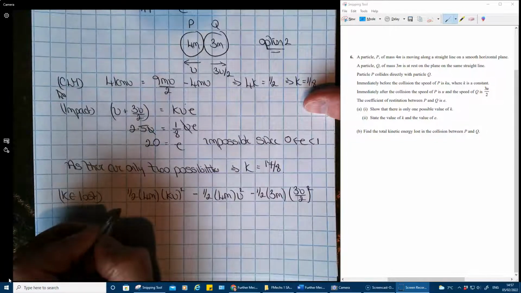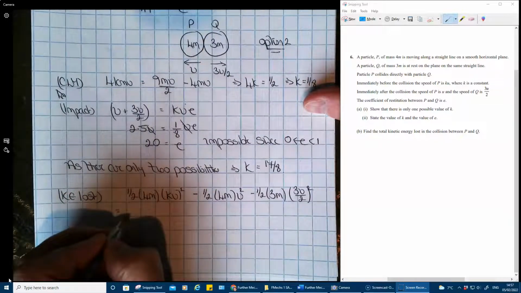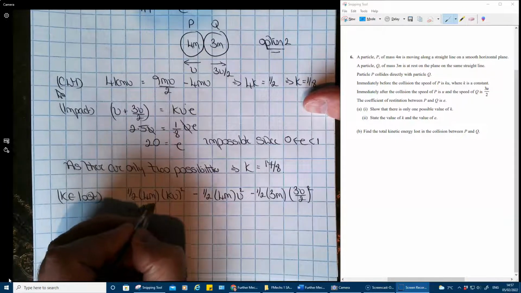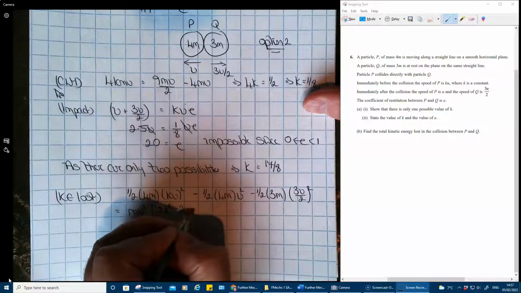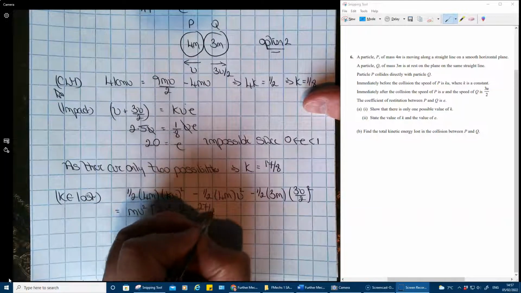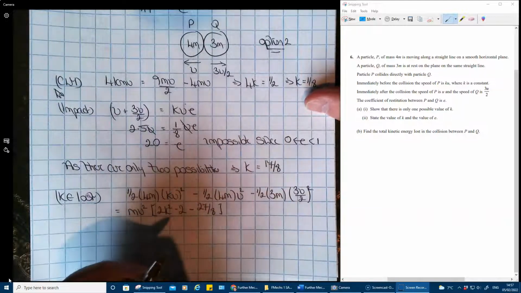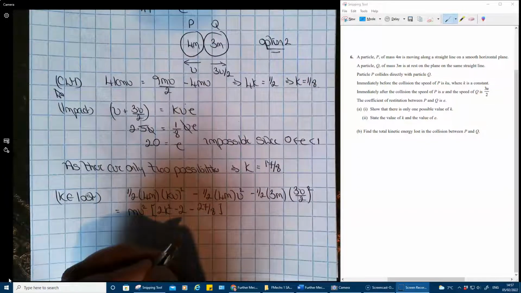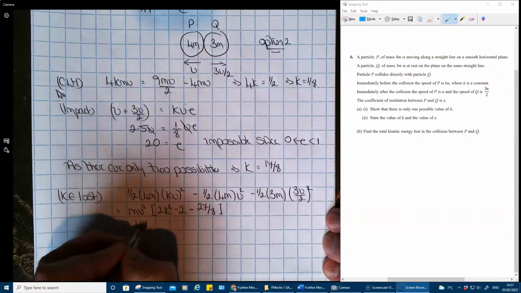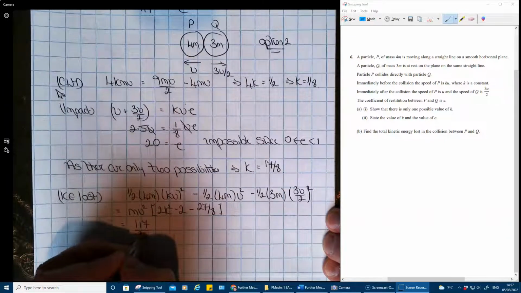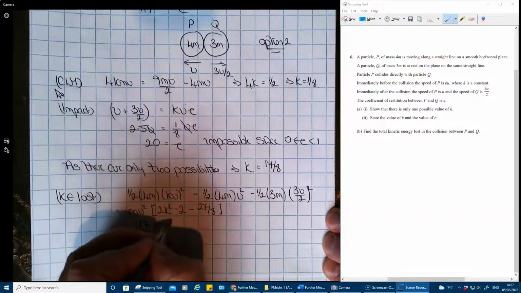We can take a factor of mu squared out, and we're left with 2k squared minus 2 minus 27/8. We know what k is, so we can plug that in, and we get 117/32 mu squared.